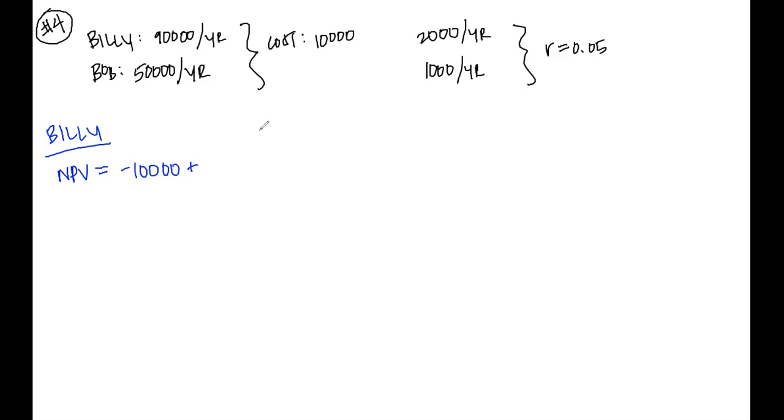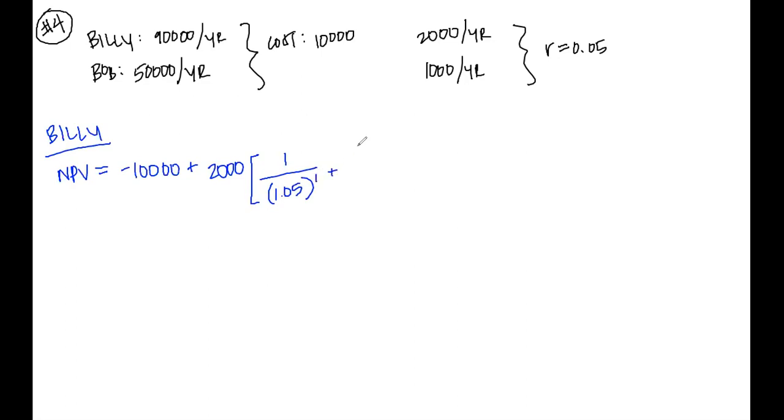And since that $2,000 is the same for all 10 periods, I'm going to start this off by factoring that out of the top. You'll see why later, it'll make it easier to calculate this and the next one. So factoring out this $2,000, it leaves 1 over 1.05, because that was the 1 plus r portion, raised to the first power.